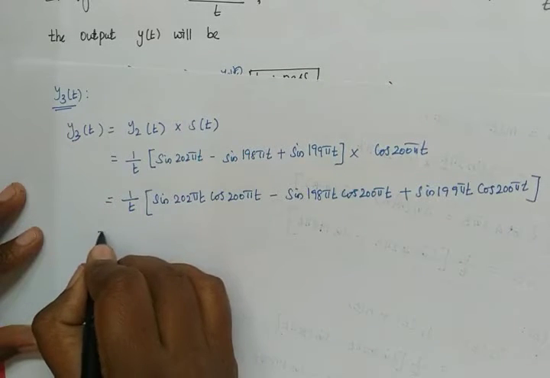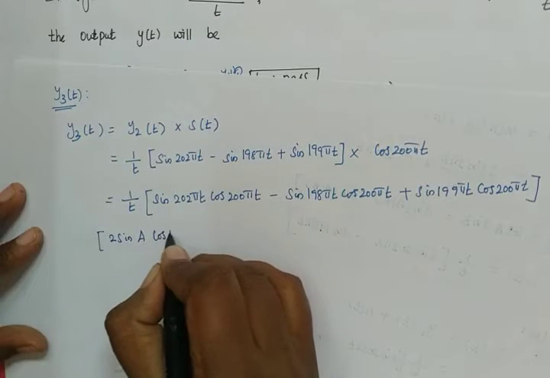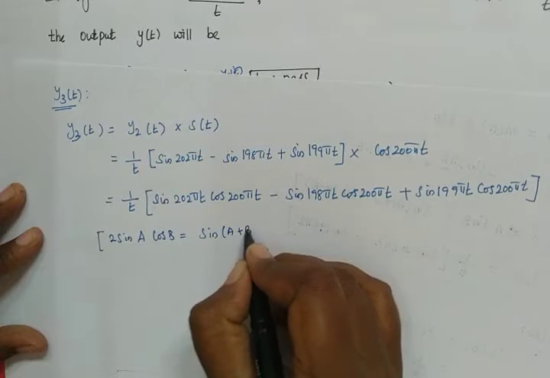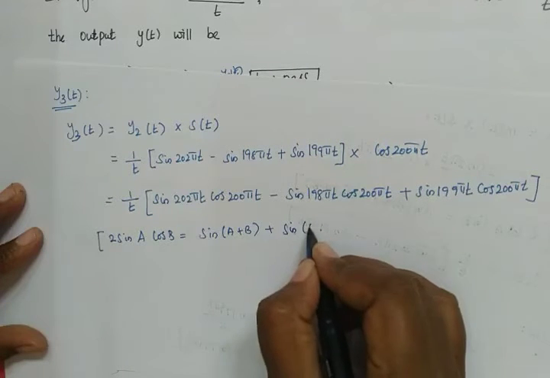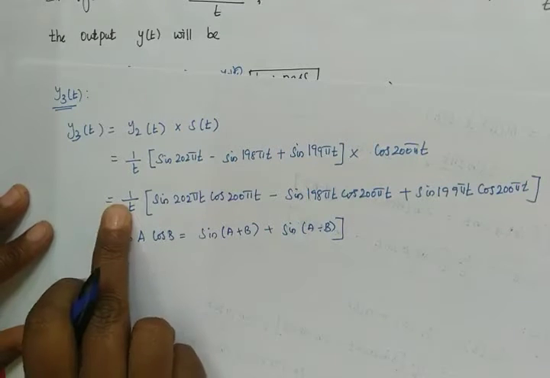Now we know that 2 sine A cos B is equal to sine A plus B plus sine A minus B. Now we are going to apply this formula here.